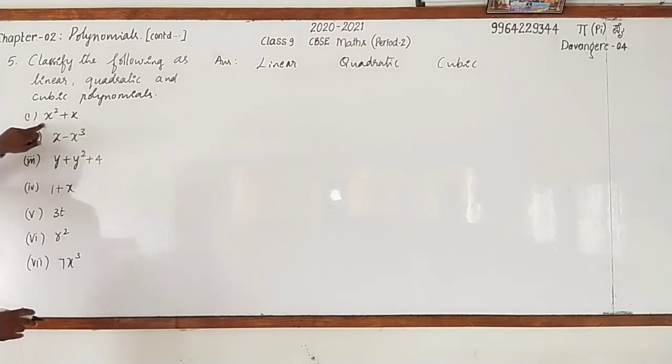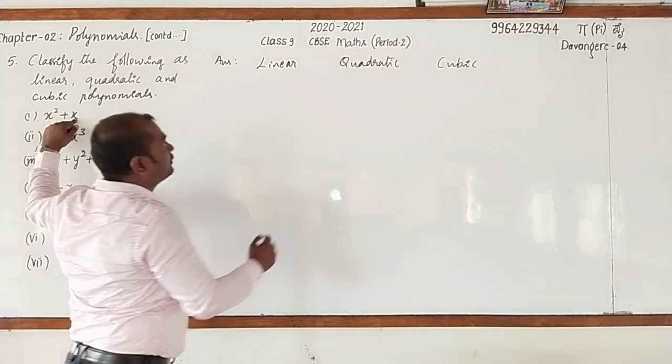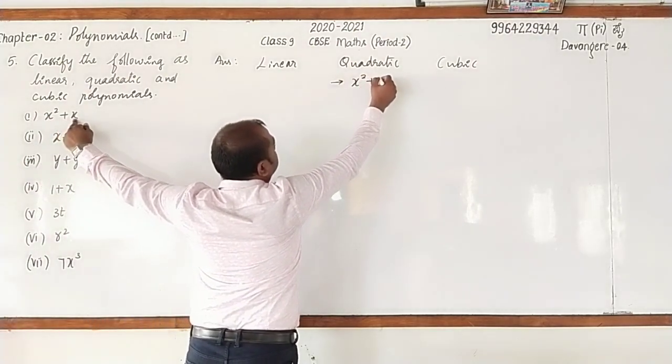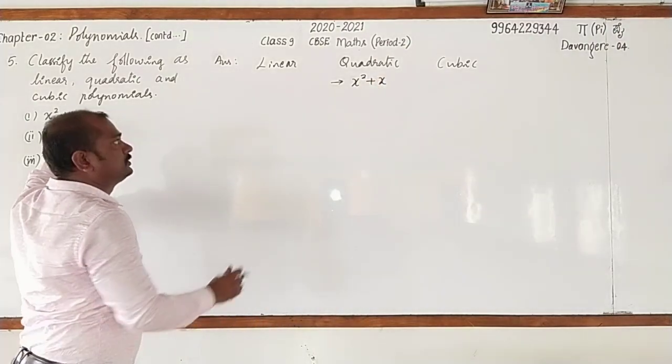Observe the first polynomial. x square plus x is there. You have to identify the degree. Highest power of the variable is 2. A polynomial of degree 2 is called quadratic. Therefore, x square plus x is a quadratic polynomial. Here on the right, this is x square plus x. This is the first one.